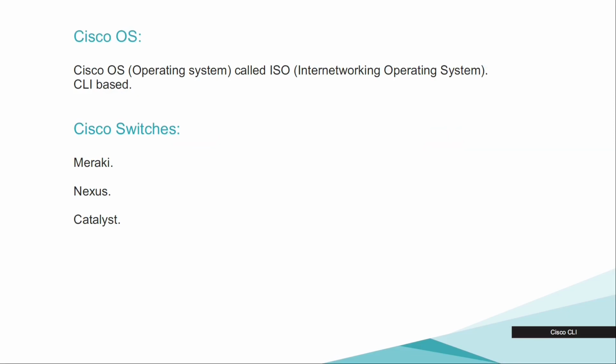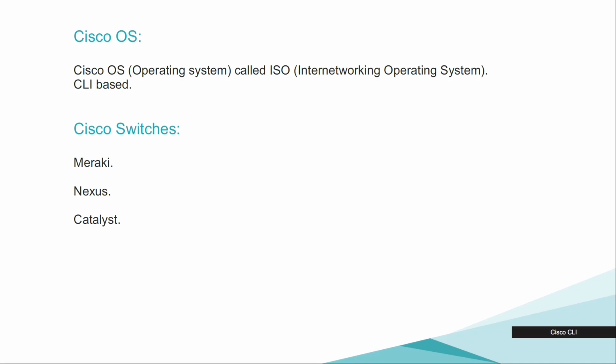Cisco uses a specific operating system called IOS, or Internetworking Operating System. This operating system is CLI based. So when we configure and manage our switch, we will use only the CLI. We have to type commands in order to configure our device.